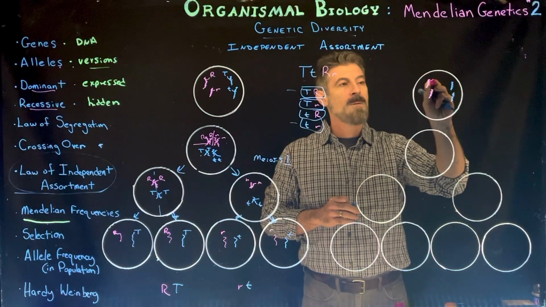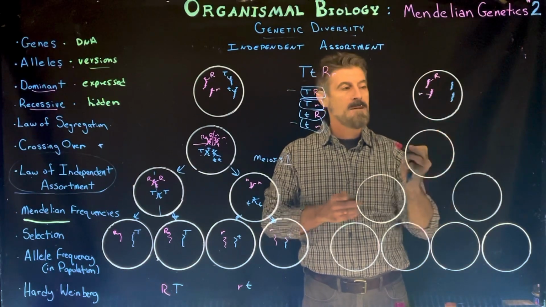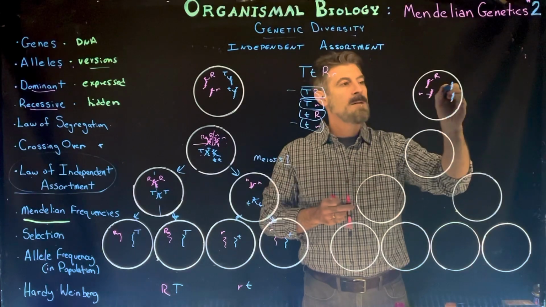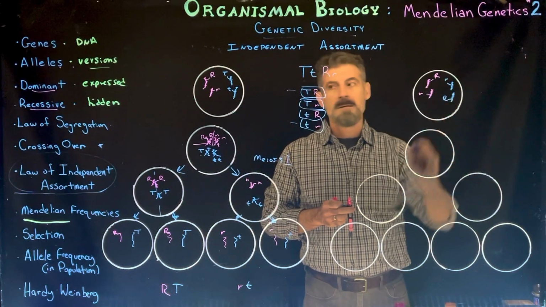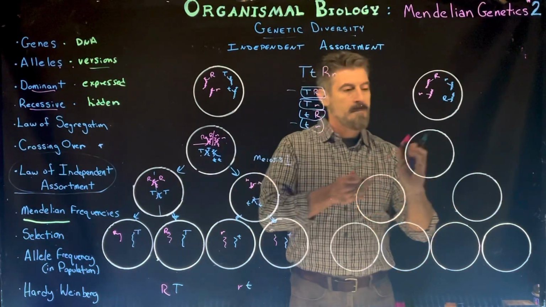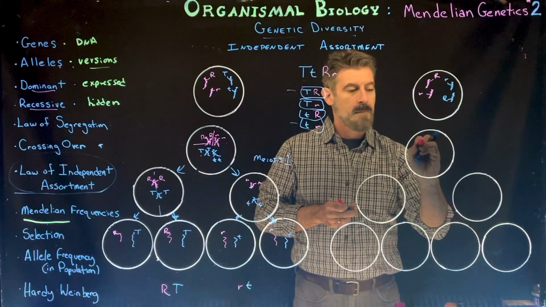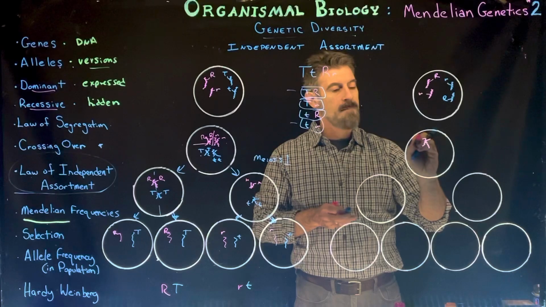Okay, let's say this chromosome here is the one with the dominant, just like we had, and this one here is the one with the recessive. And this one here has the recessive, and this one is the dominant. Okay. Now what's going to happen is, this one doubles up.